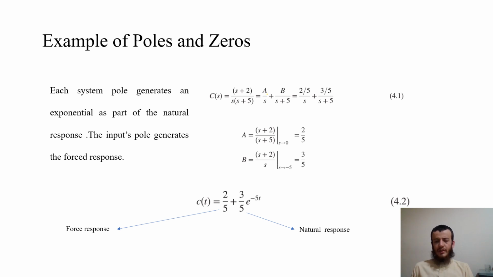If we put s equal to 0, it means our a value is 2.5. When s is equal to -5, in the numerator, -5 plus 2 is -3 over -5, which is 3 over 5.